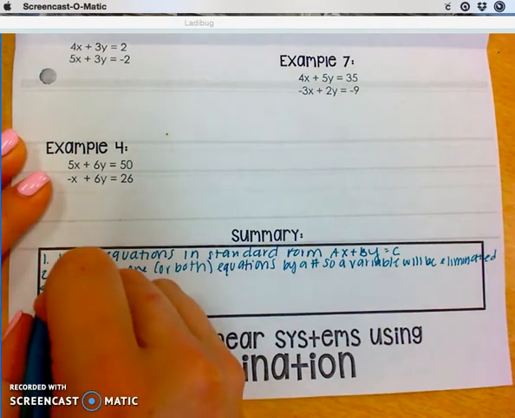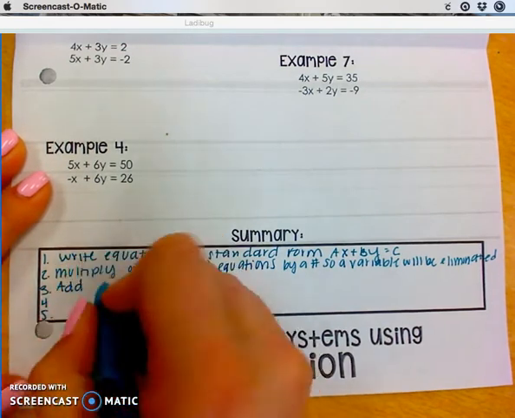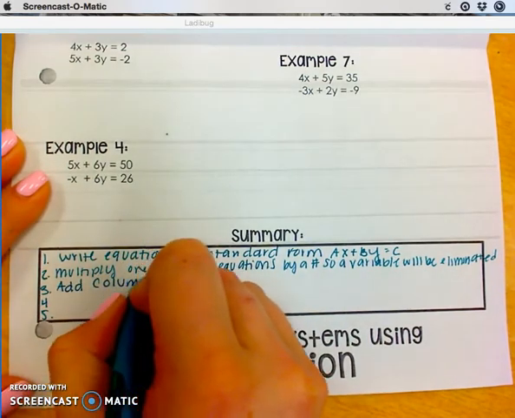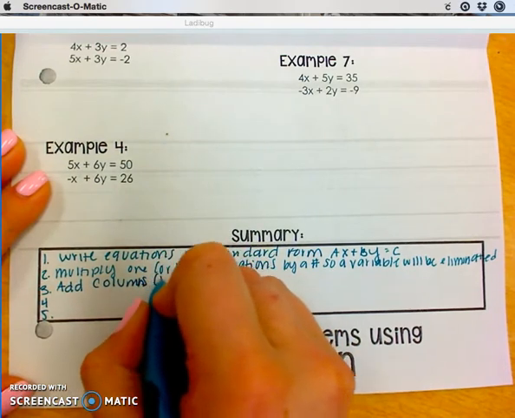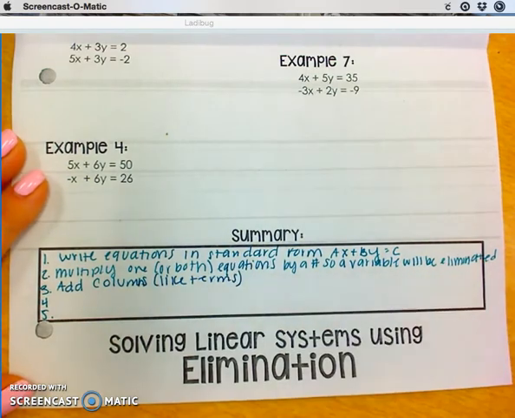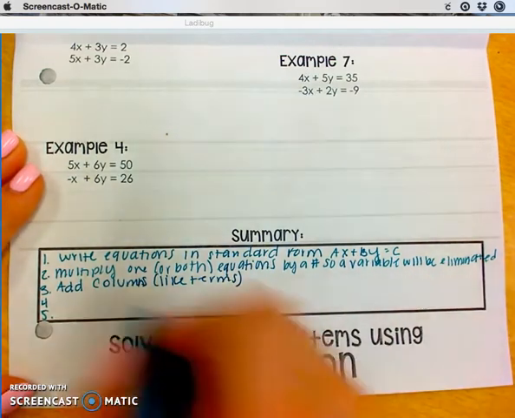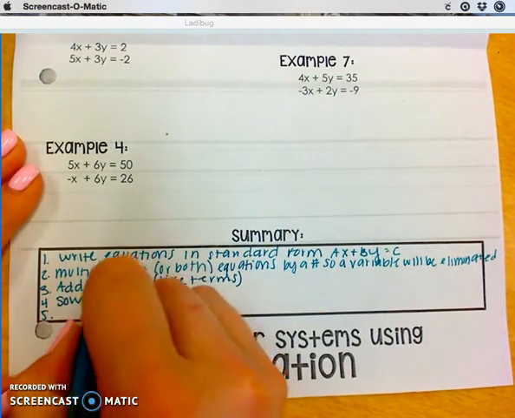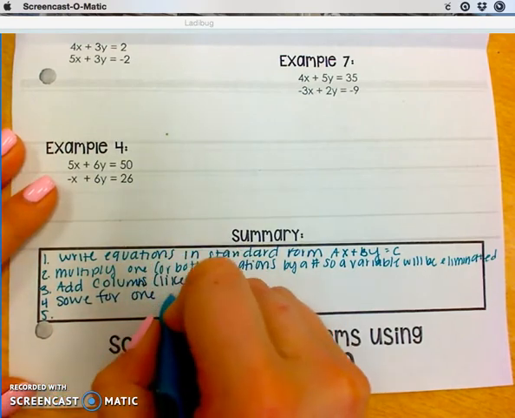The next step, 3, we're going to add the columns, which are the like terms. The fourth step is going to be to solve for one of the variables.